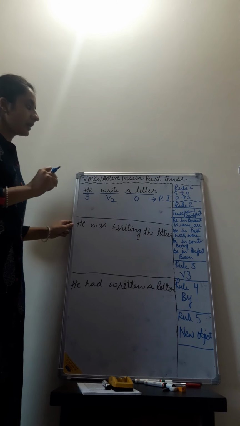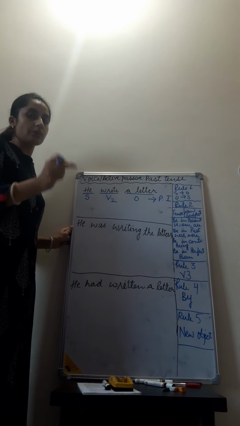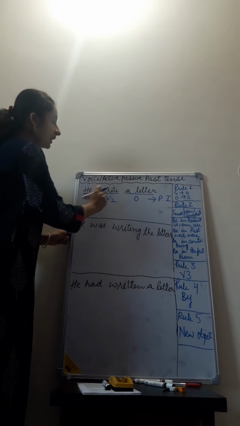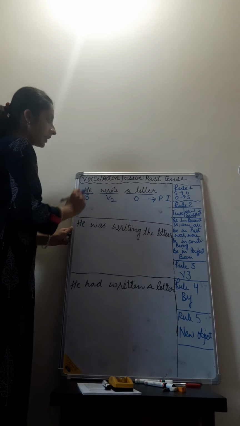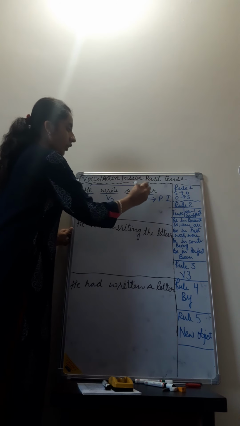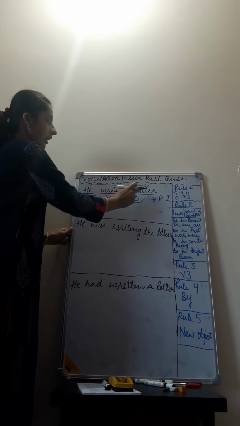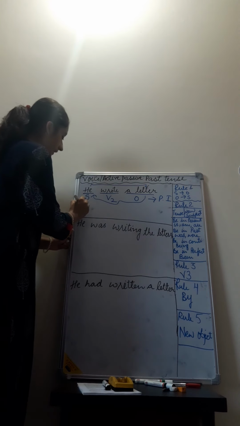So now let's change this active sentence into a passive sentence. He wrote a letter. Our first rule says change the subject into object and object into subject. So our new subject will be a letter.